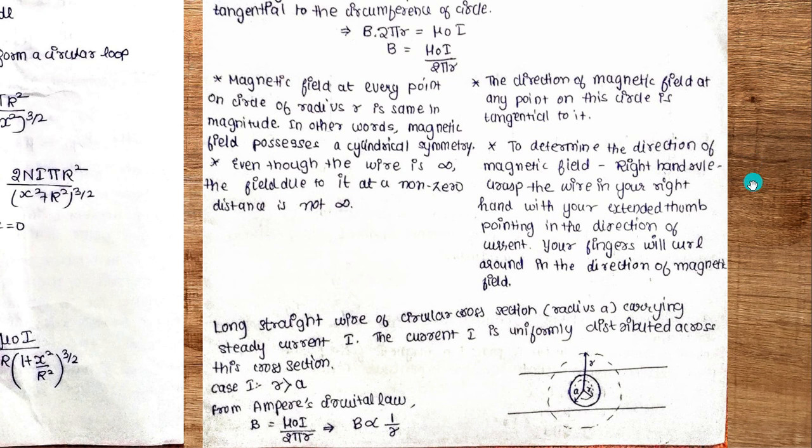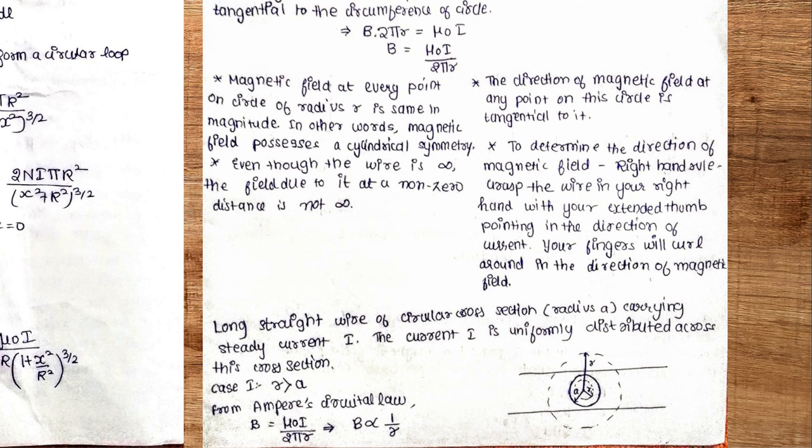Now, to determine the direction of the magnetic field, we have the right hand rule. What is that right hand rule? Grasp the wire in your right hand with your extended thumb pointing in the direction of the current. You can do it with me right now. Take any pen or pencil in your hand, and the direction where the pencil lid is, that is the direction of the current, if I assume, for example, upward.